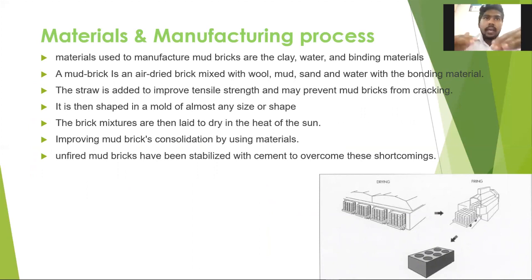A mud brick is an air-dried brick mixed with mud, sand, and water with a bonding material. In Arabian countries and other countries, mud bricks are made by blending mud and water into a rough mixture. Traditionally, straw is added to improve tensile strength and may prevent bricks from cracking.